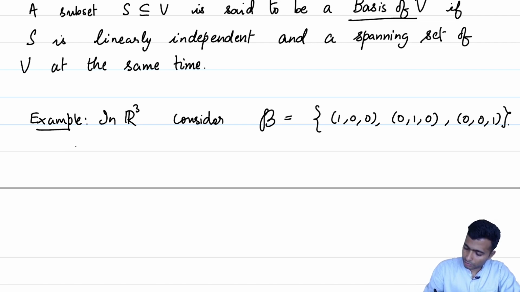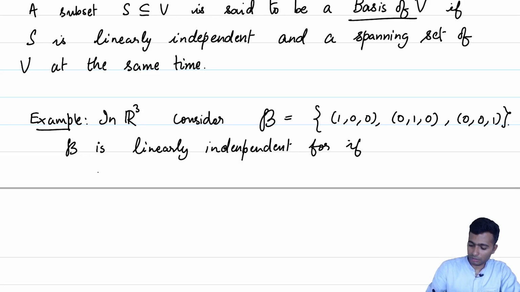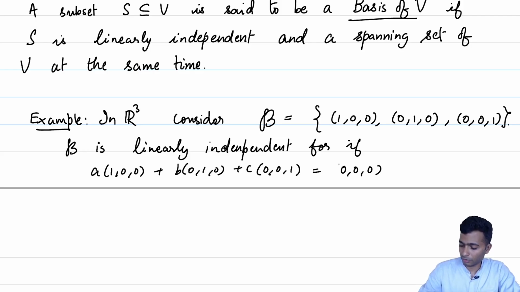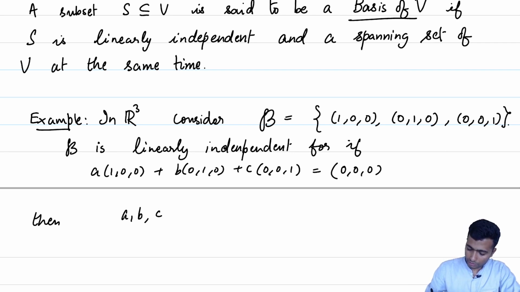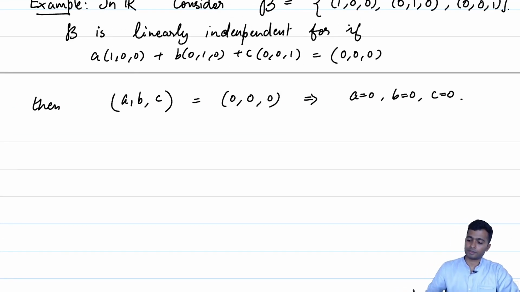Maybe I will just show that it is linearly independent. B is linearly independent, for if a times (1, 0, 0) plus b times (0, 1, 0) plus c times (0, 0, 1) is equal to the 0 vector, then the left-hand side will just turn out to be the vector (a, b, c) being equal to the 0 vector, and that means coordinate-wise it is equal to the coordinates of the 0 vector, and therefore we are done with the linear independence.